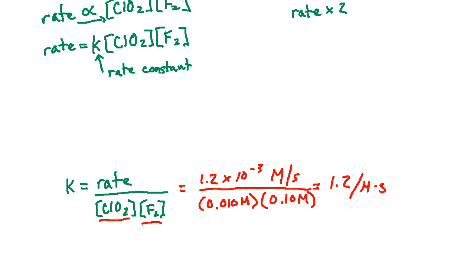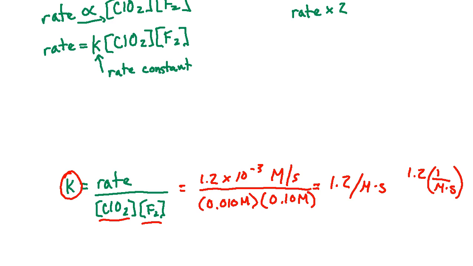Now notice that you have the division there because the unit is really 1.2, and then here's your unit, 1 over molarity second, like that. All right, so this would be the rate constant. This would be the value of K in the case of the reaction that we utilized up above there. So that is how you can experimentally determine your rate constant.